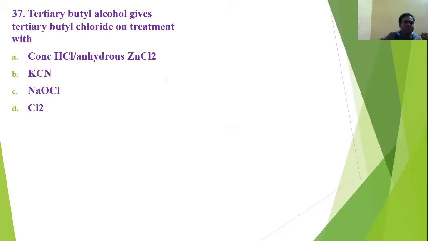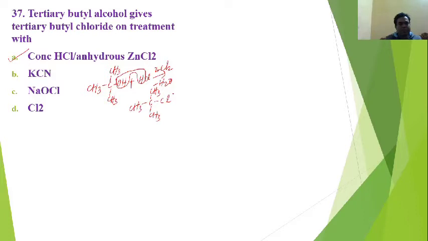So the answer is concentrated HCl, anhydrous ZnCl2. Here the reaction is tertiary butyl alcohol, CH3 groups, plus concentrated HCl in presence of ZnCl2, minus water, it gives tertiary butyl chloride.